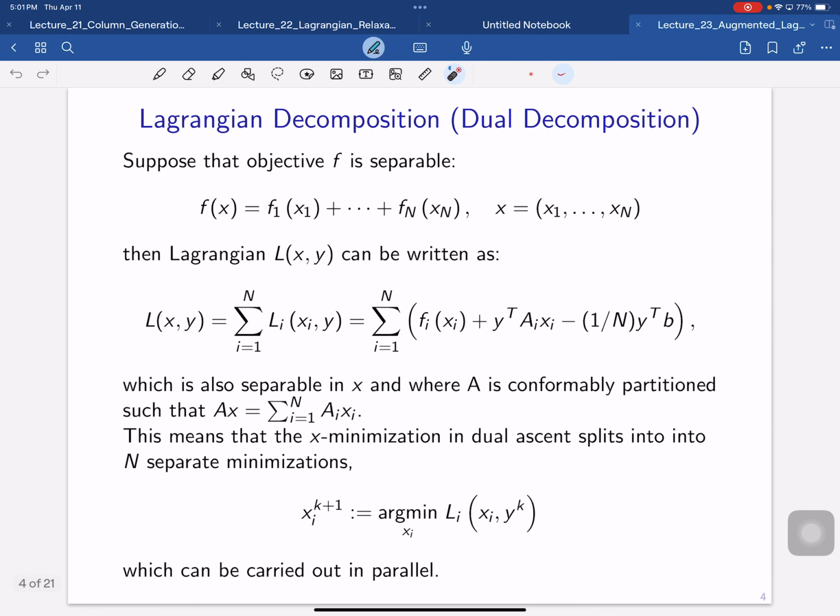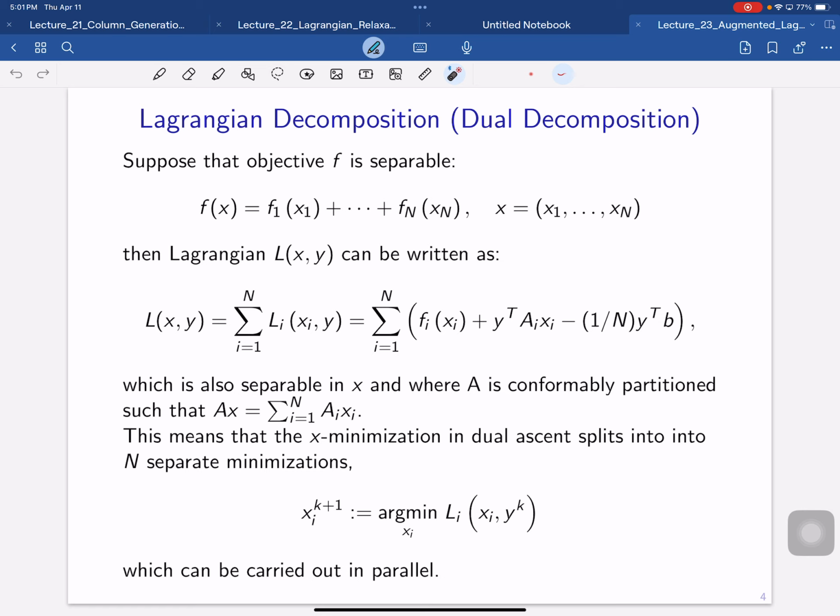Okay, so how to apply Lagrangian decomposition or dual decomposition to a continuous problem. Again, this is just a review of what we did before. For example, if x is decomposable, x can be represented as x1 all the way to xN, and let's say all those functions are decomposable.